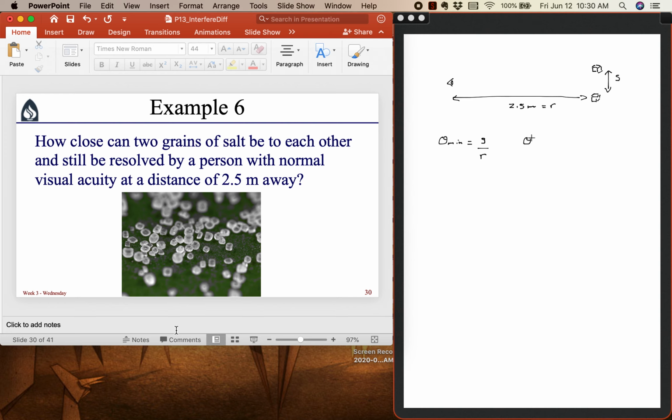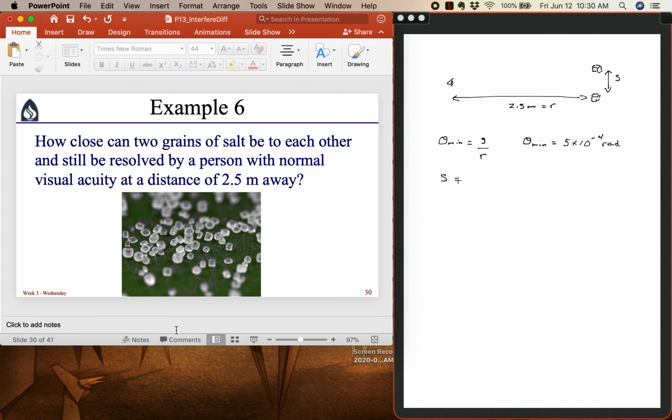So for most lighting conditions and averaging over pupil sizes, we know that this minimum angle of separation is typically about 5 times 10 to the minus 4 radians. So then we can rearrange this expression to solve for s, which is the quantity we want to know. How close can the two salt crystals be to each other?